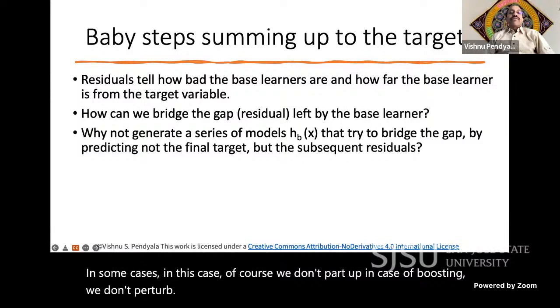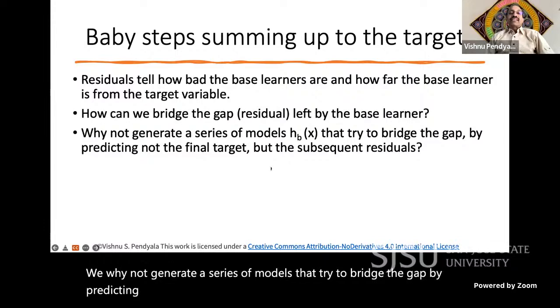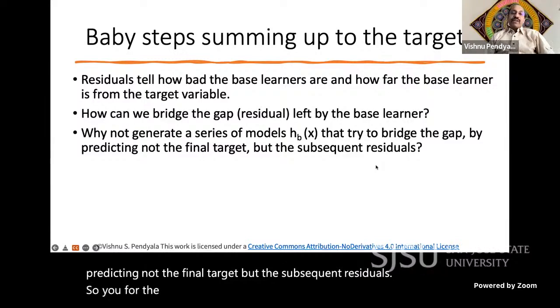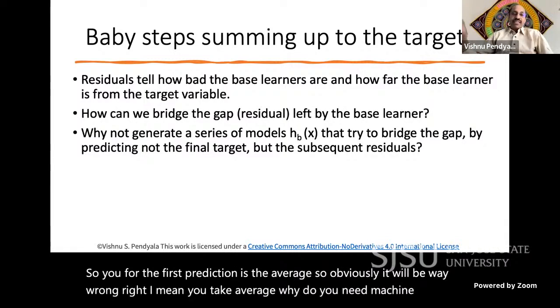So why not generate a series of models that try to bridge the gap by predicting not the final target, but the subsequent residuals? For the first prediction, it is the average. So obviously it will be way wrong, right? I mean, you take the average, why do you need so many machine learning models, right?